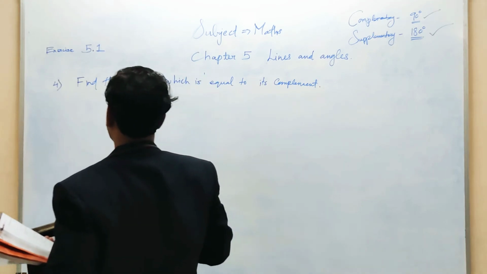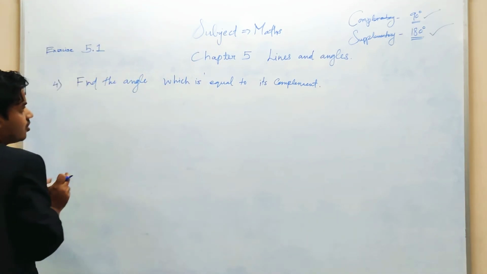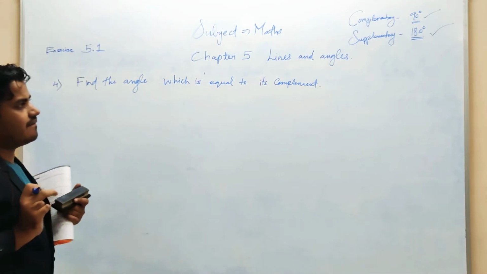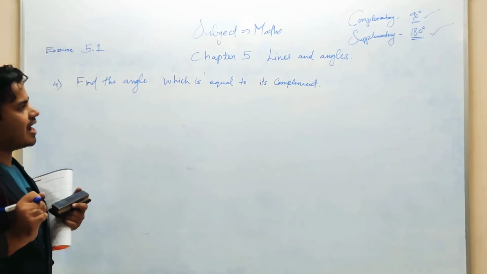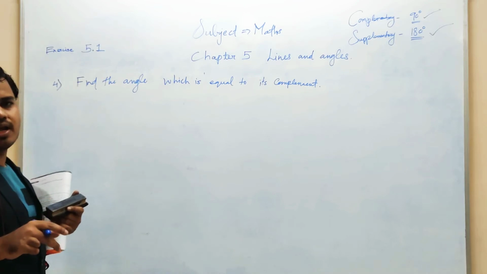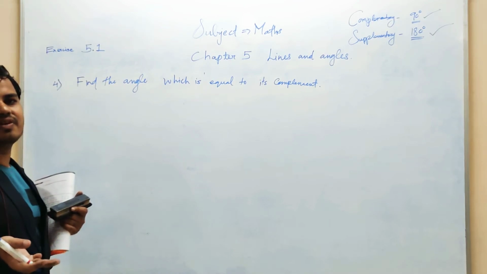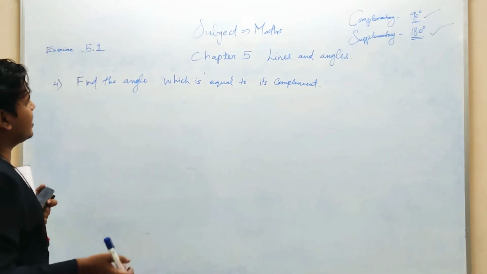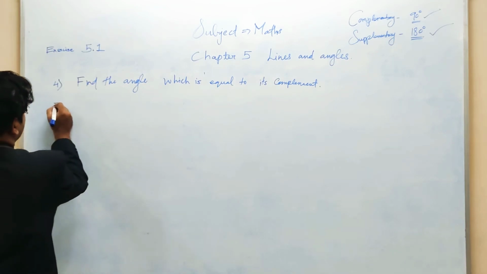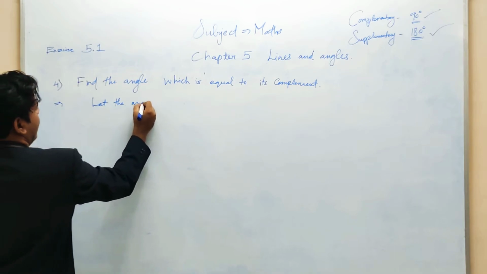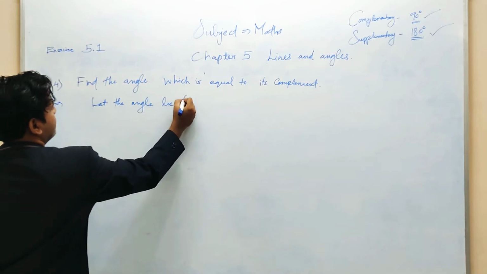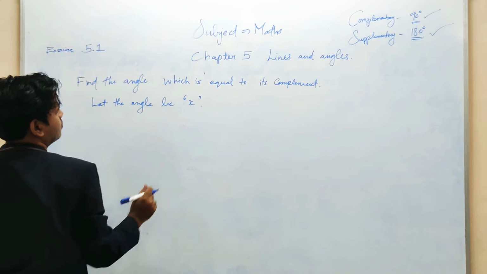So here we have to find out one angle which is equal to its complement. So there will be two angles and both will be equal, and the sum of both the angles will be 90 degree. Okay, so here we can say that let the angle be x degree, we don't know.